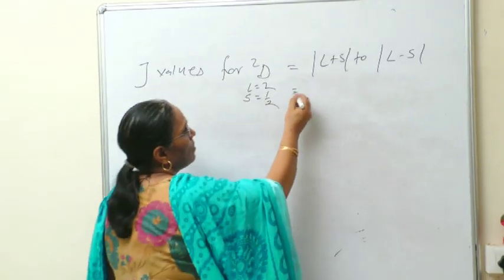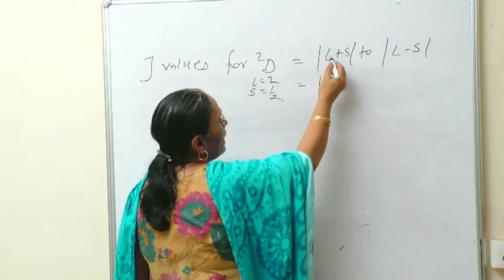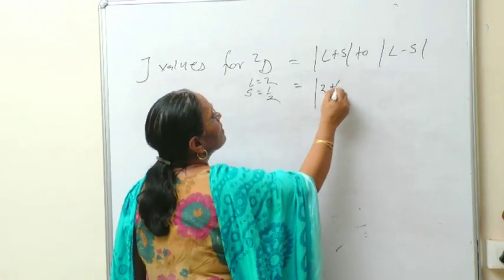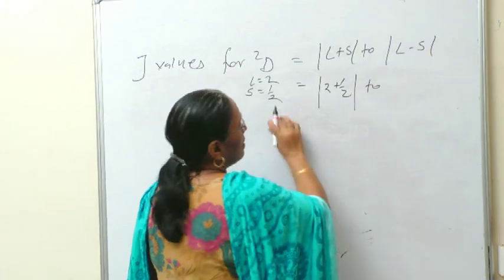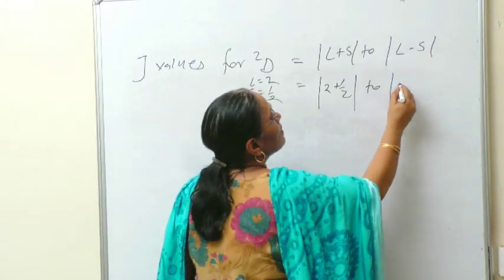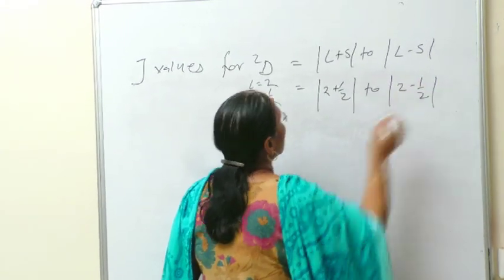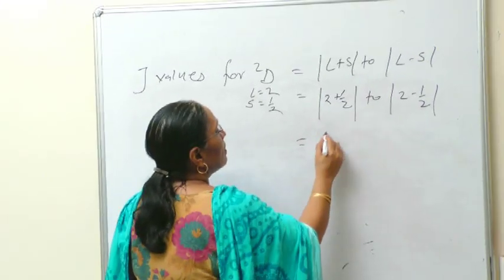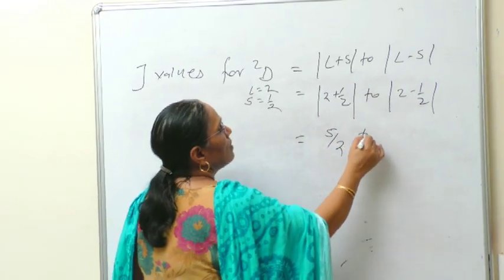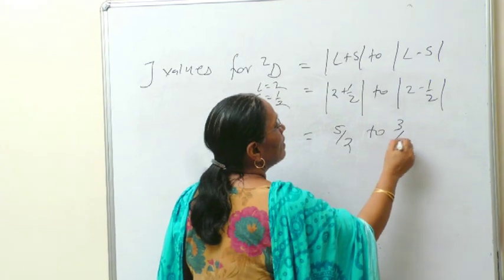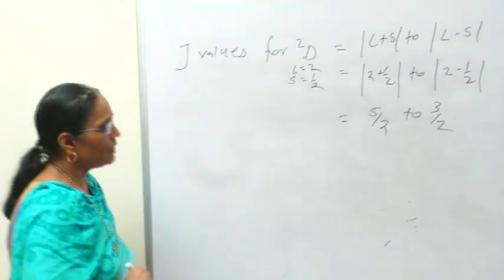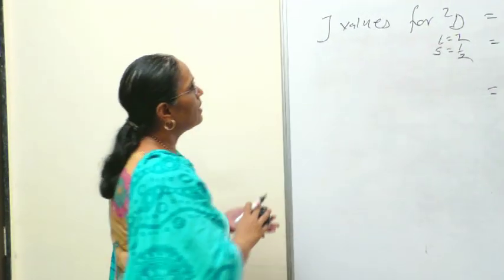So the total J values come to be L plus S, that is 2 plus 1/2, to L minus S, that is 2 minus 1/2. So it will be equal to 5/2 to 3/2. That is only 2 J values, 5/2 and 3/2.